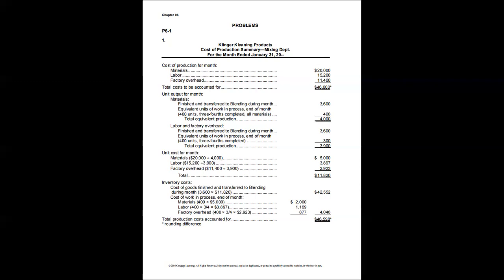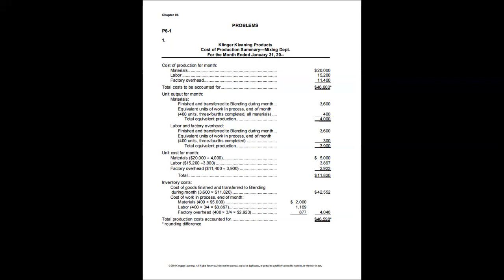So we have now the cost of production for the month given are the materials, labor, and factory overhead cost. So the total cost to be accounted for is 46,400. Now for the unit output for the month, we are not given the units started nor the units in process beginning, but we are given the units transferred, and we are given also the equivalent units of work in process at the end of the month. 400 units, three-fourths completed, all materials.